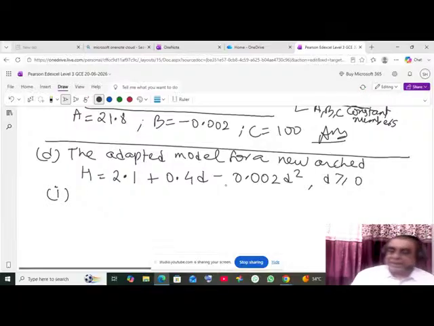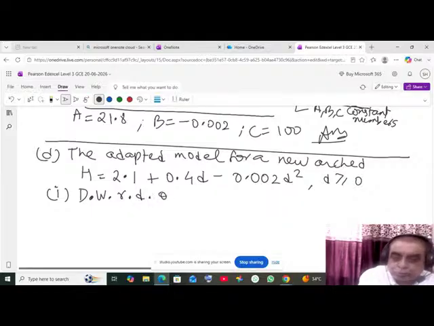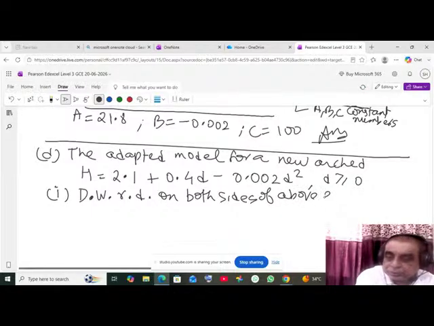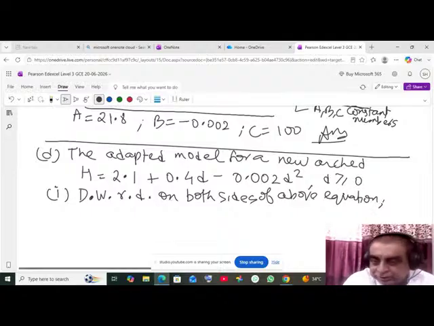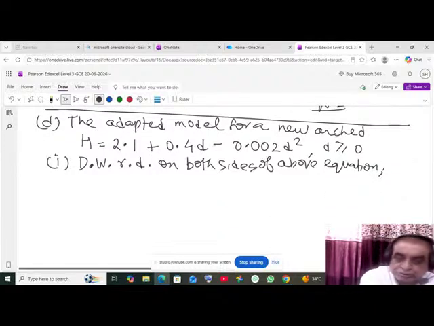You differentiate this equation with respect to D, on both sides of the above equation.